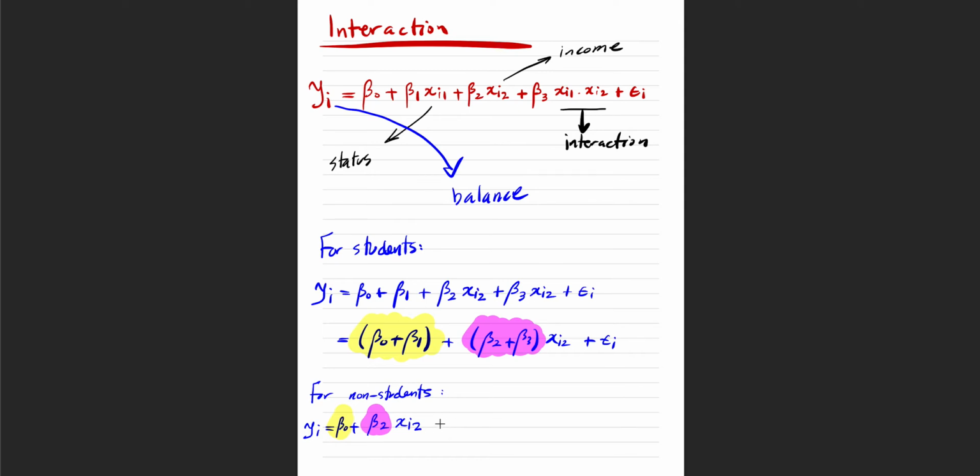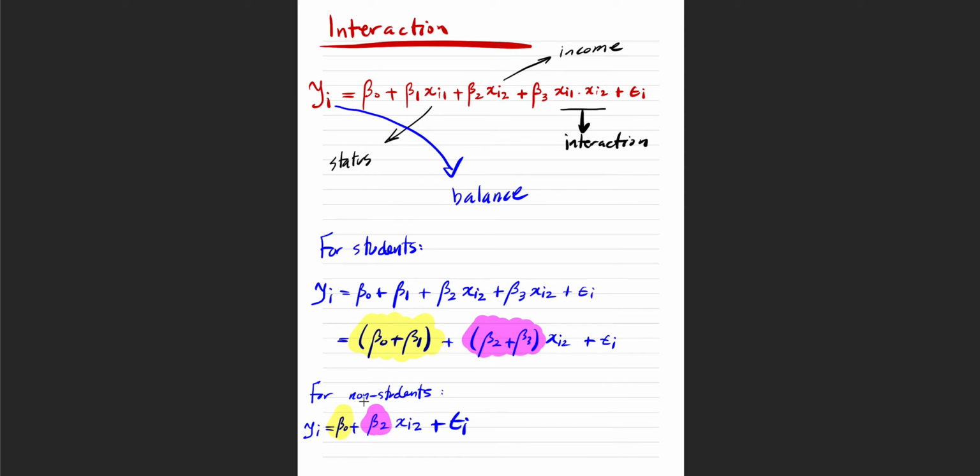Here there should be an irreducible error, but the take-home message is that when you have interaction with a qualitative variable, it is equivalent to fitting two independent linear regression models to the data, each for one part of the data, one for the category students and another one for non-students.